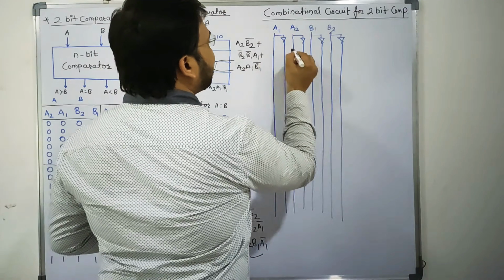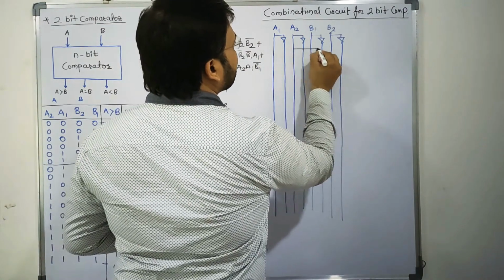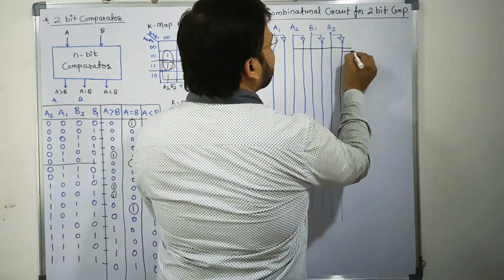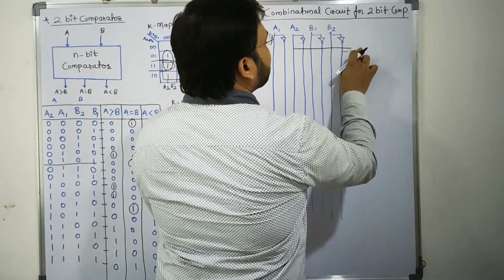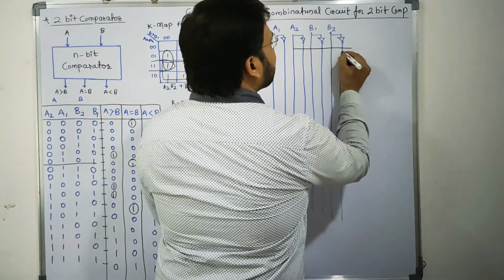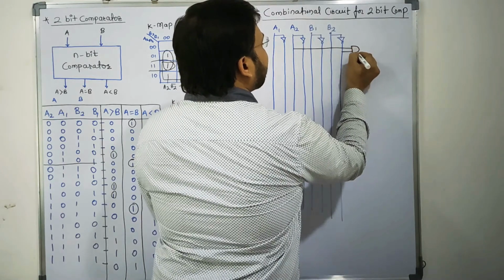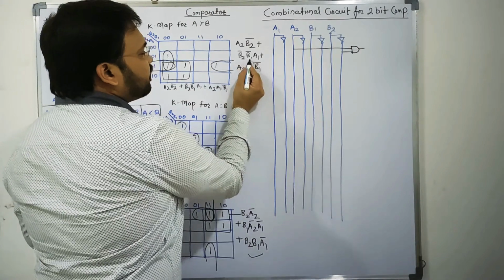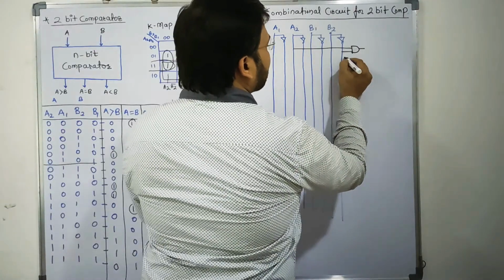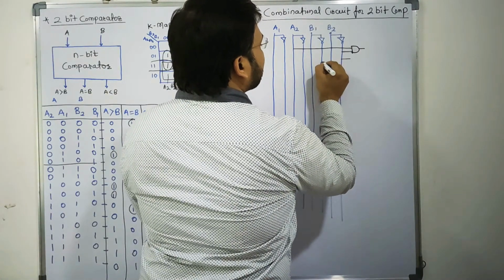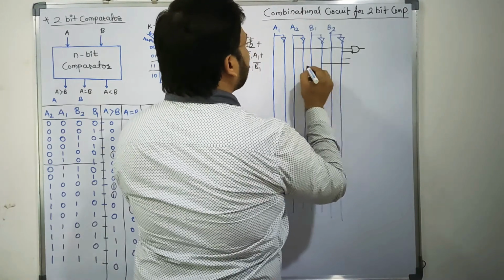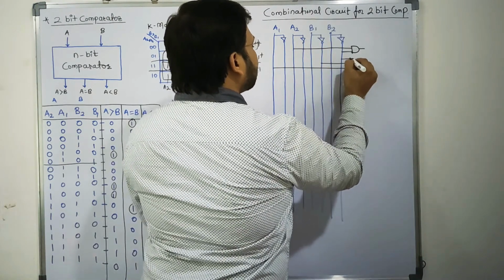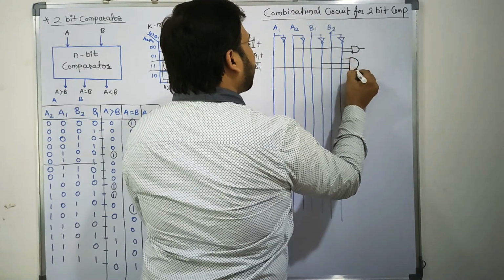So first of all, input line from A2 and B2 bar. Here we draw B2 bar as an AND gate, one of the AND gates connected to it. Next B2 bar, B1 bar, A1, a multi-level AND gate, we can say.